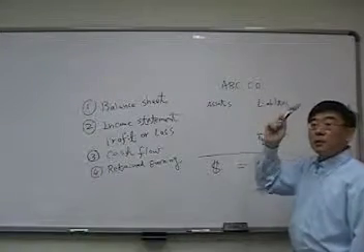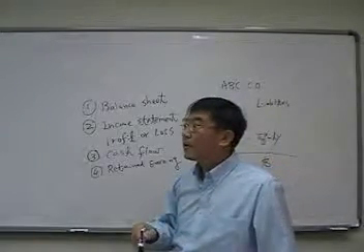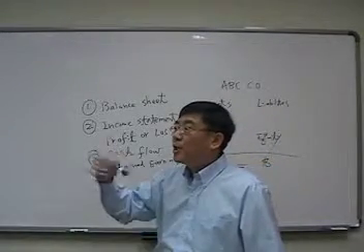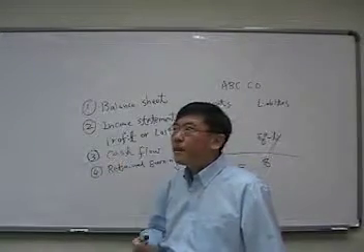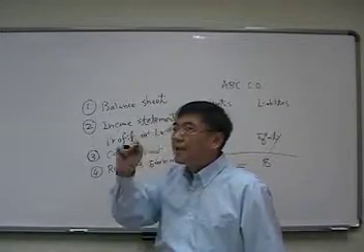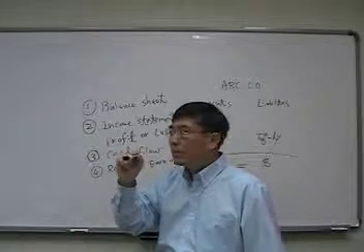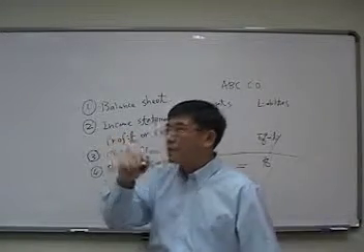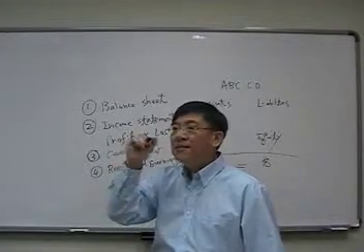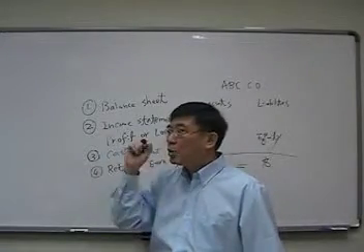Then, in our accounting, there's one theory. The theory is for each transaction, or we say for each event, whenever this one thing happens, this event will affect minimum 2 accounts.